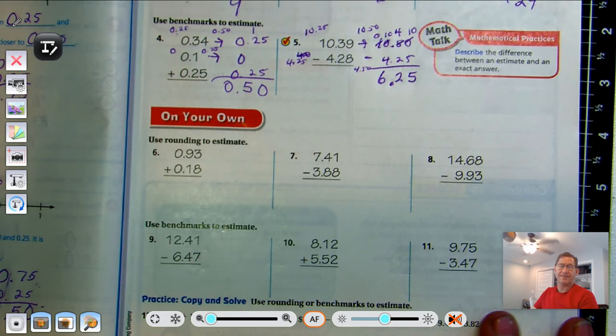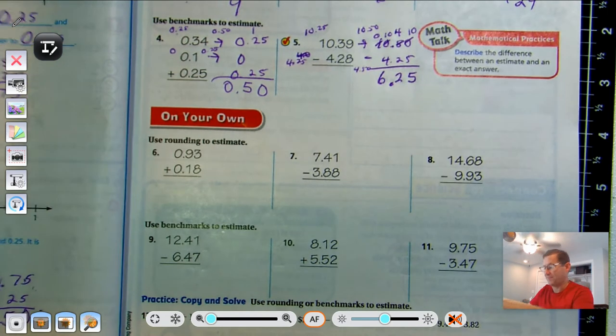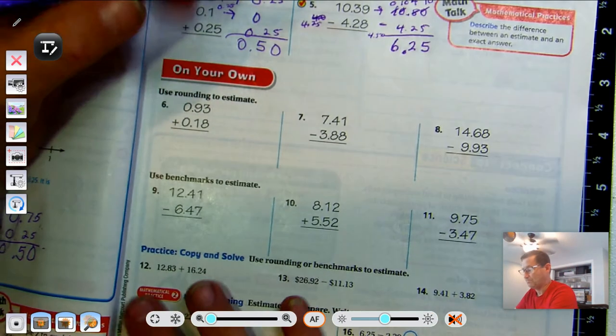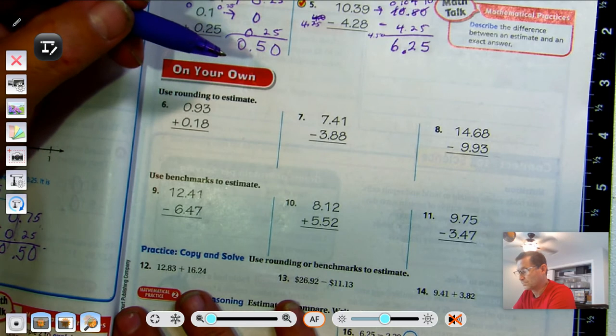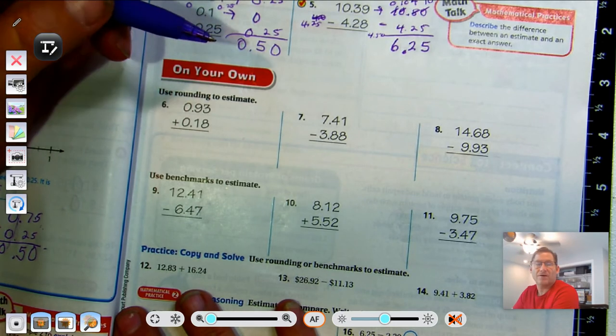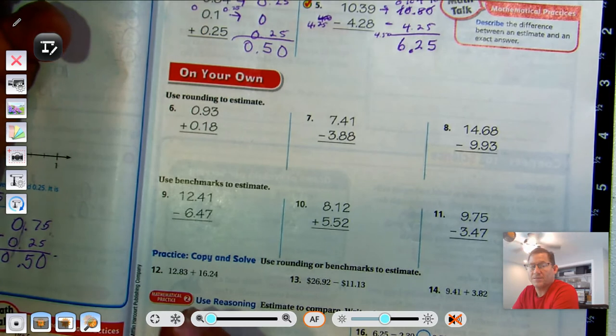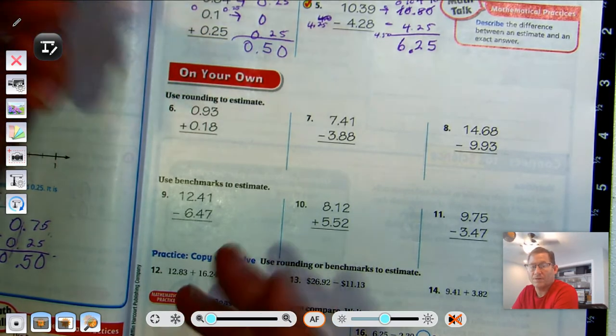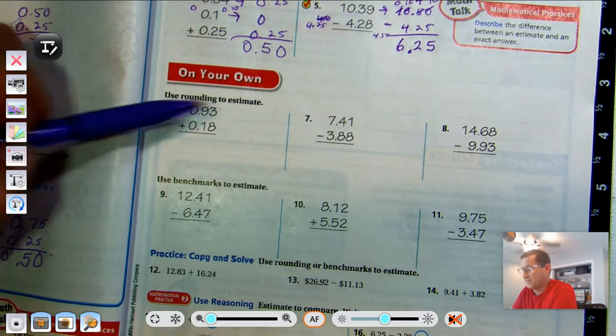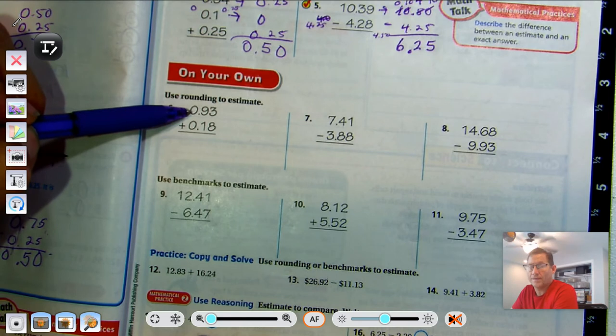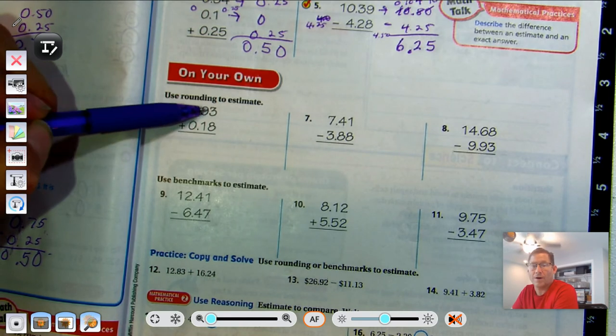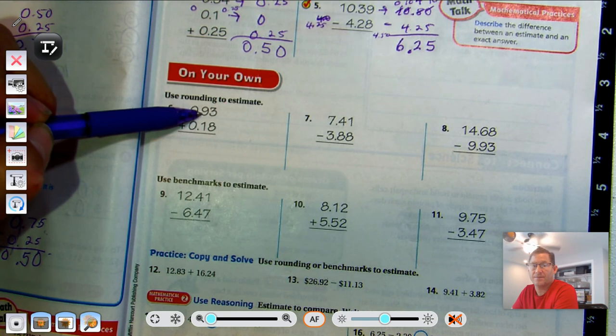All right, number 6. Use rounding to estimate. Now, it's possible to get different estimates on these because it depends on which place value you round to. Some people will round to the nearest 1. Some will round to the nearest tenth.